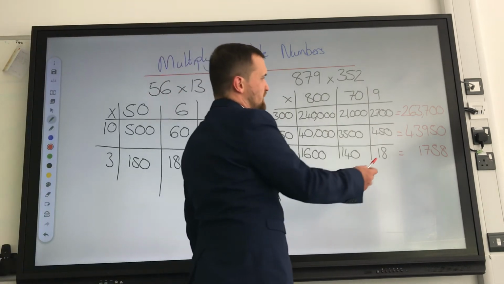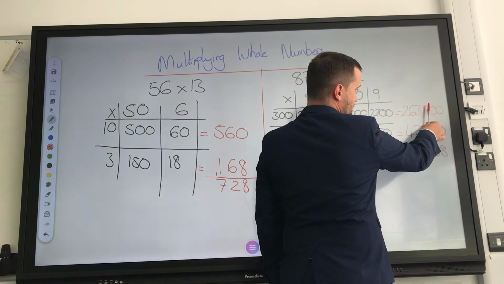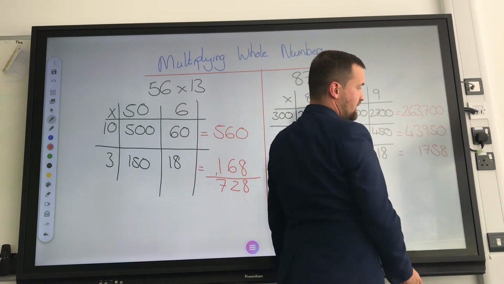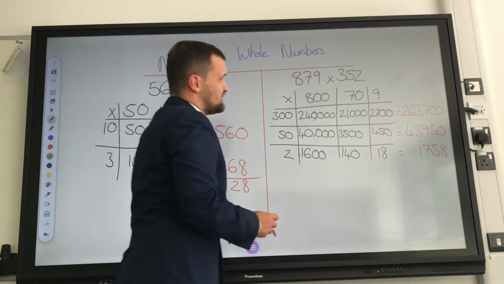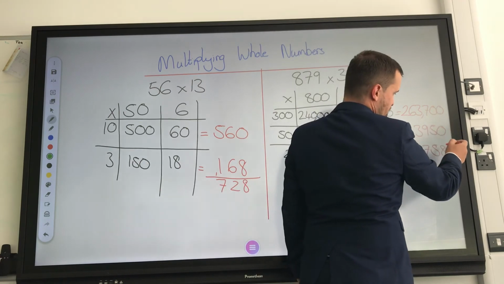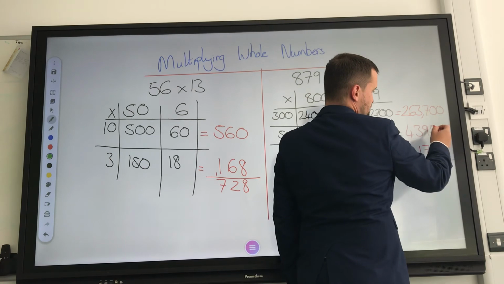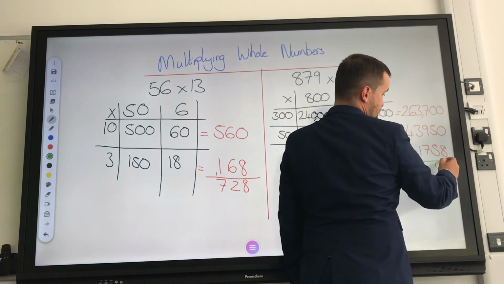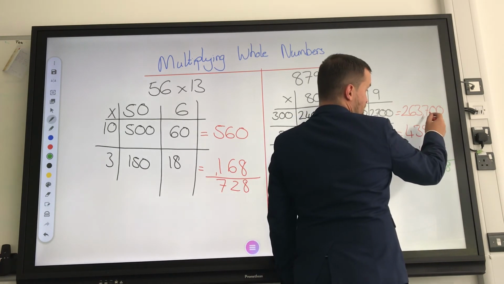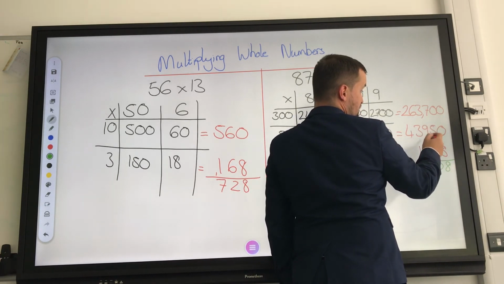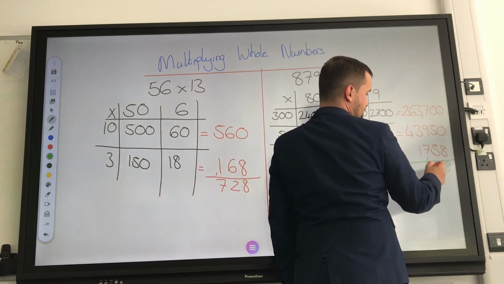What you should do is line up the units, the tens, the hundreds, the thousands and the tens of thousands, just to make it easier for adding up. So you need to be careful on that. So we've got 0 plus 0 plus 8 is 8. We've got 0 plus 5 plus 5 is 10, so the 0 stays there and the 1 gets carried to the next column. We've got 7 plus 9, which is 16, plus 7 is 23, plus 1 is 24.